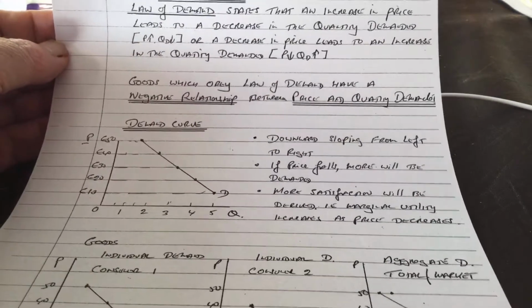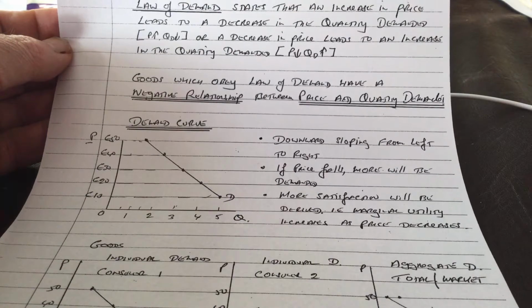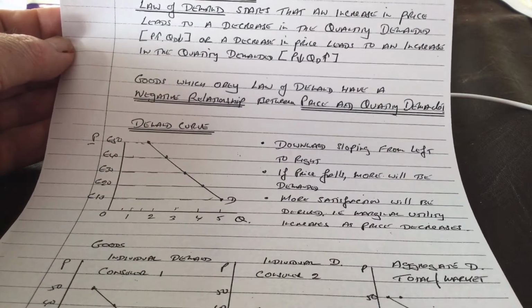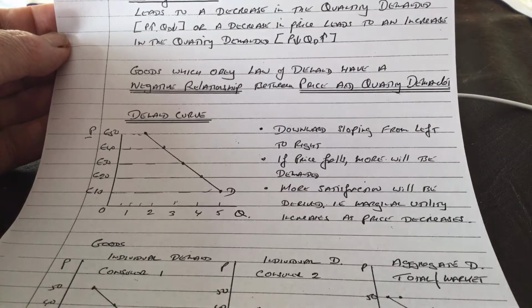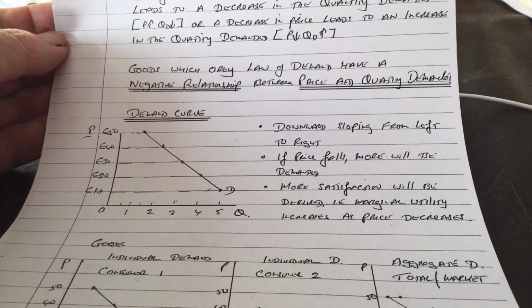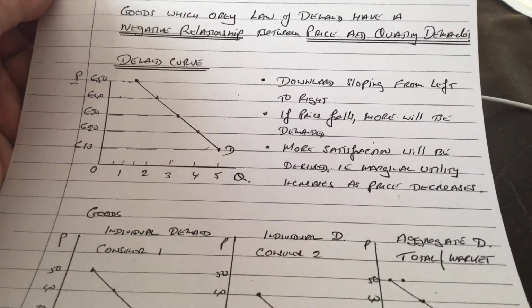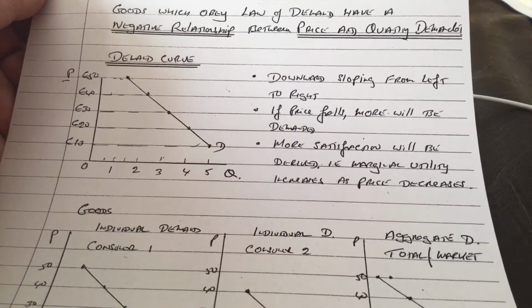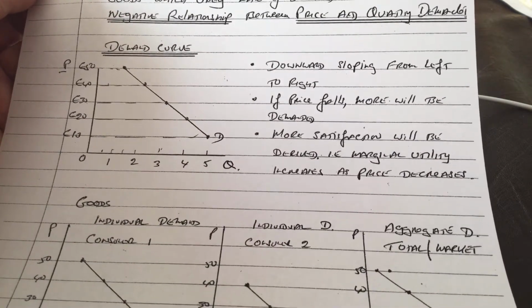Now, this is important. Goods which obey the law of demand have a negative relationship between price and quantity demanded, i.e., as the price goes up, demand goes down. There's a negative relationship. The demand curve is downward sloping from left to right. If the price falls, more will be demanded.